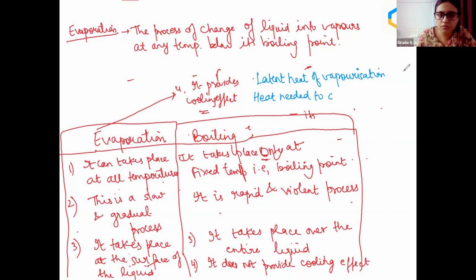Some of the textbooks may have Z here and not S. Since everybody is writing Z, Z can be taken as the correct spelling as well. So heat needed to convert. Where's my pen?